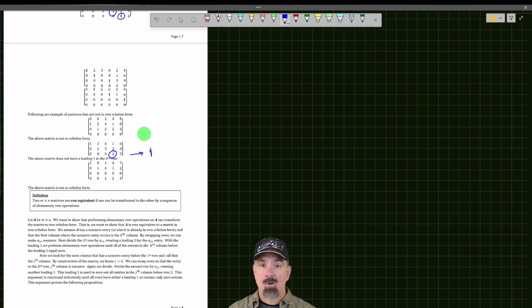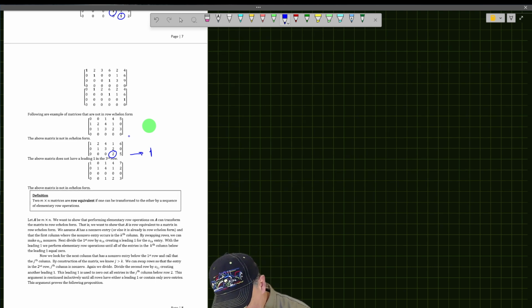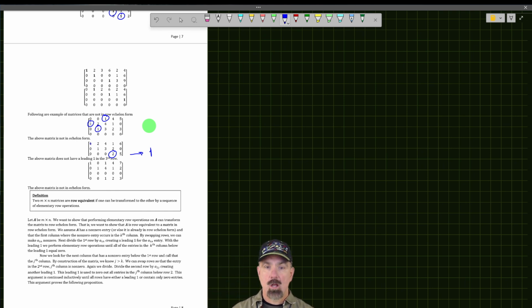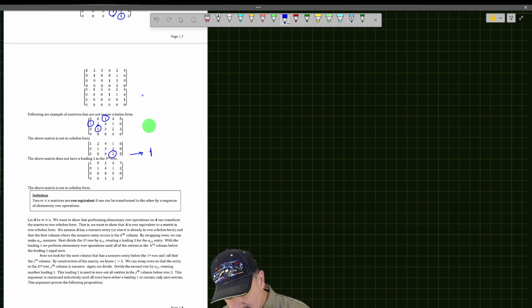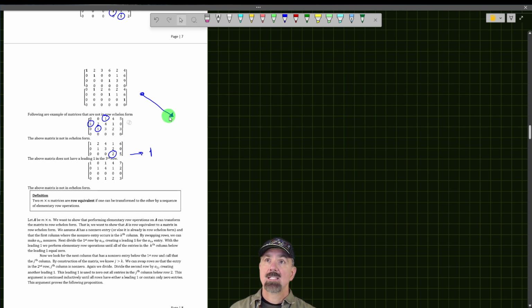So this one is not in row echelon form because it doesn't satisfy the requirement of having that pivot as a 1. The one above that doesn't satisfy because the pivots, which are here, here, and here, don't appear in echelon form. Echelon form means that we're generally going to be working from the top left down towards the bottom right. It doesn't mean they have to be in a diagonal, but they do have to generally flow in this direction, and that's not what's happening here.